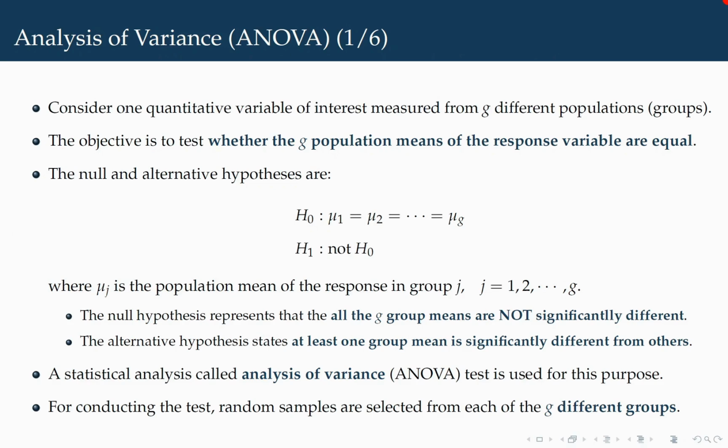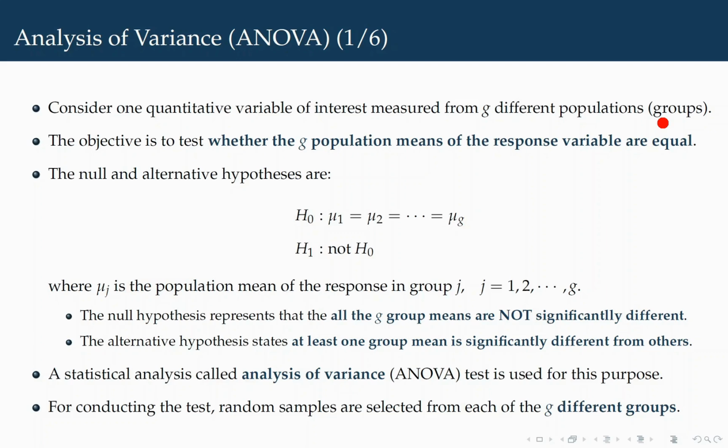In the comparison of more than two population means, there is one quantity variable of interest measured from G different groups or populations. So the quantity variable represents our outcome of interest or dependent variable, and the G different groups or populations represent the factor variable with G different categories.